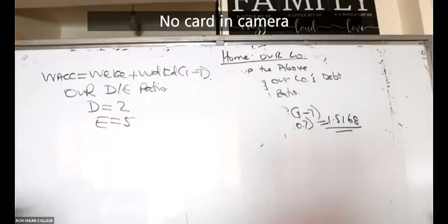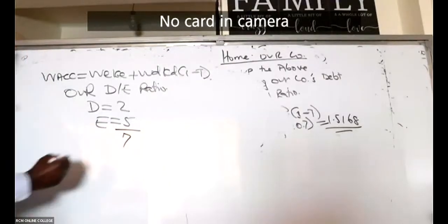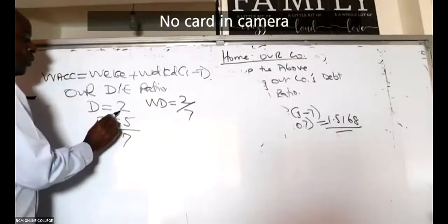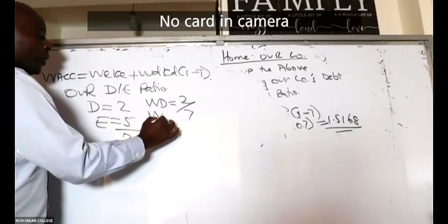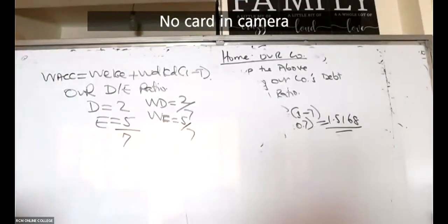It is 2 to 5. So giving me 7 in total. Meaning that the weight of debt will be 2 over 7. And the weight of equity will be 5 over 7. Like that.